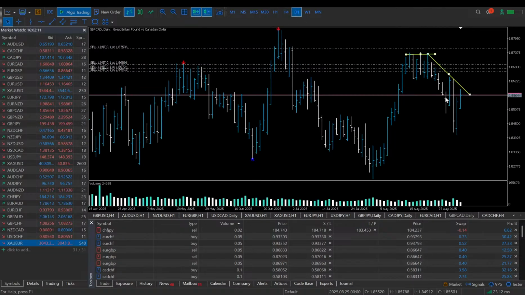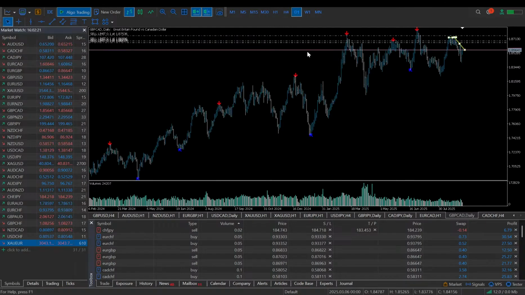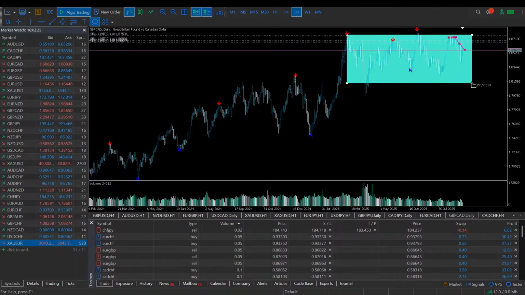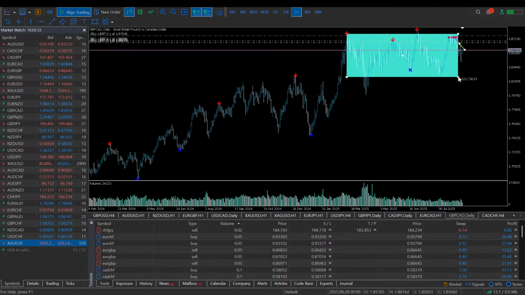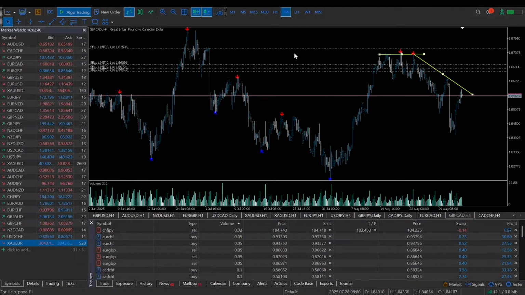Because when you look at the overall movement here on the 4-hour time frame, you can see that price has been coming down. On a daily time frame, it is a huge ranging market. But on a lower time frame, it keeps trending. This certain area is a ranging market, but on the lower time frame it is a trend market.